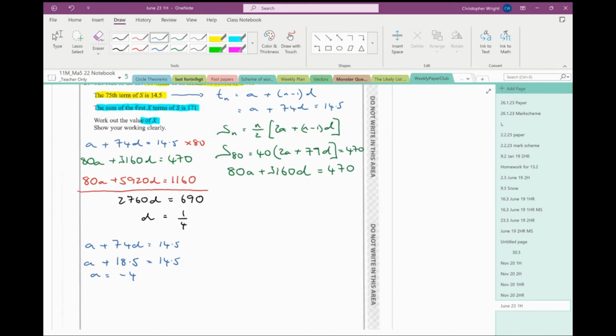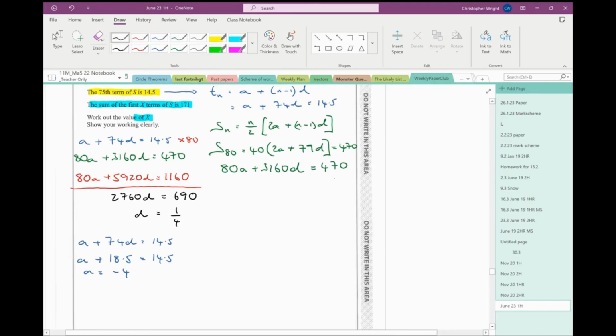Okay. Right, let's go back to the blue question now. It tells me that the sum of the first x terms, so let's give myself a little room here, which would be x over 2 multiplied by 2a plus n minus 1 d, is 171.